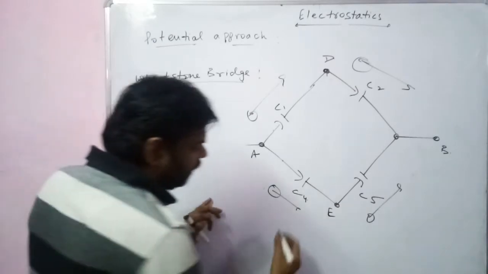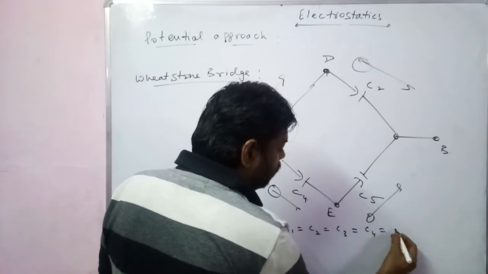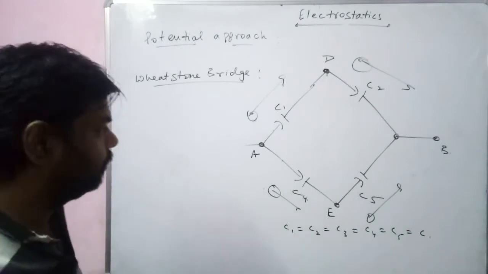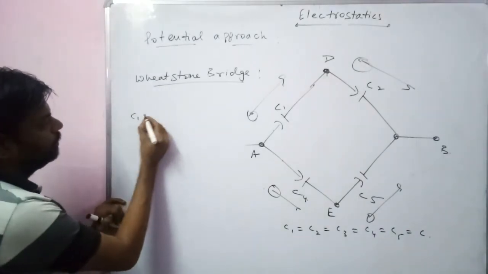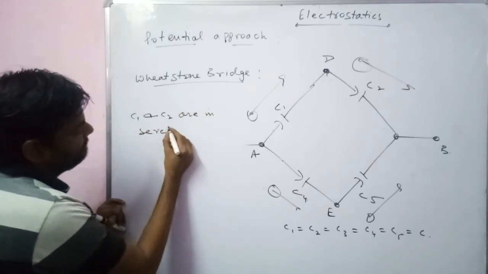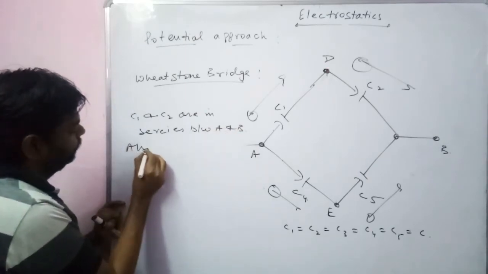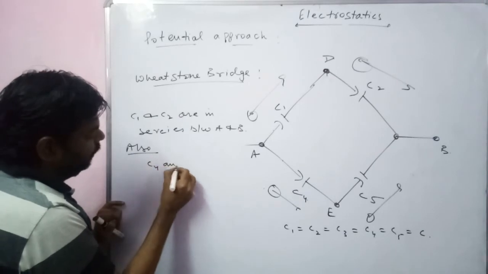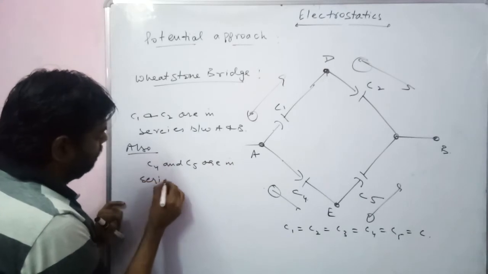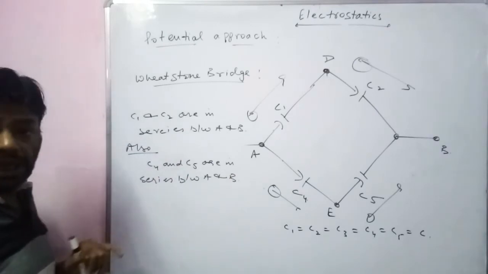Now the calculations. Let us suppose C1 is equal to C2 is equal to C4 is equal to C5 is equal to C. All the capacitances are equal. Now C1 and C2 are in series between A and B. Also, C4 and C5 are in series between A and B. Clear?